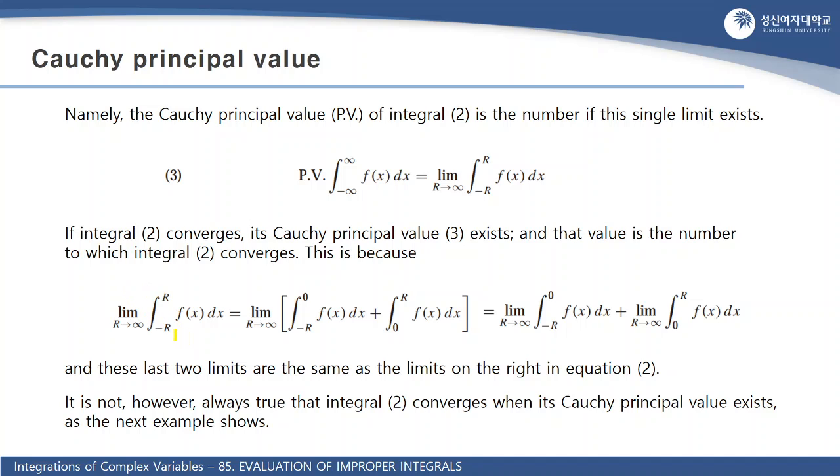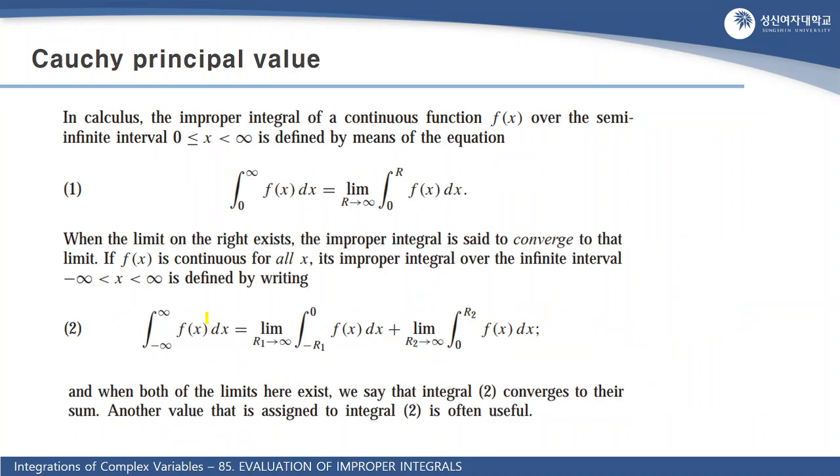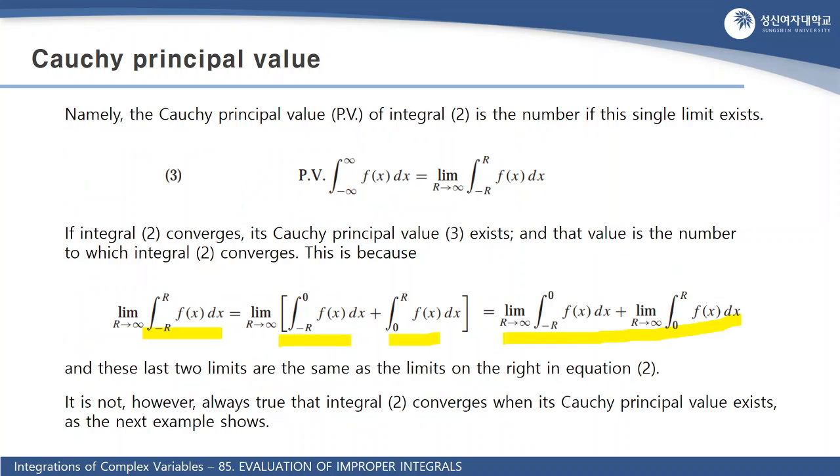If we split up this integral along the right into the two parts, this and this, and we take the limits over the integrals, we end up with an expression given by here, which equals the improper integral defined in equation 2 here, as long as these two limits exist.